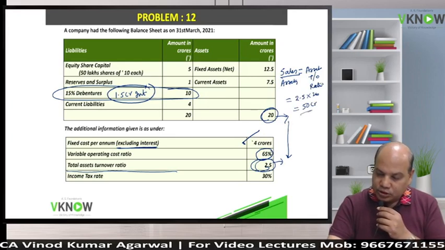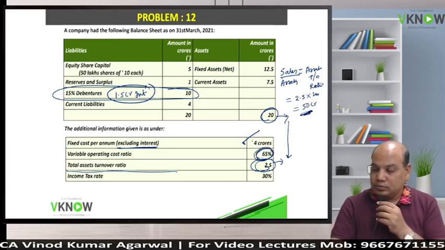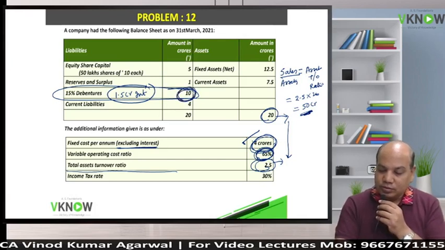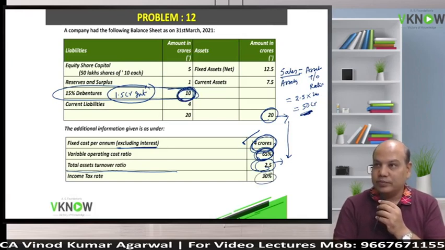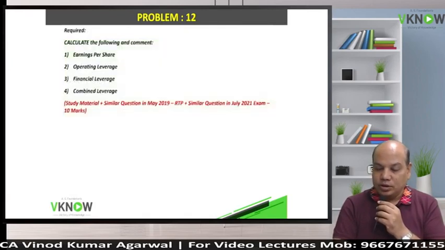And once you get the sales figure, you will get variable cost. If you get variable cost, you get contribution. Contribution minus fixed operating cost, you will get EBIT. Here it is interest, 1.5 crore. You will get EBT, minus tax, you will get EAT.